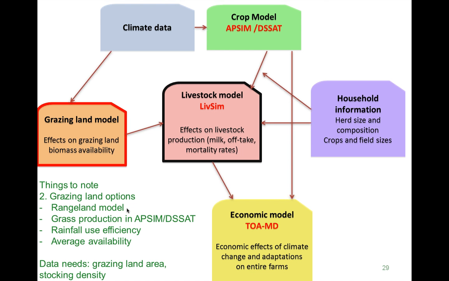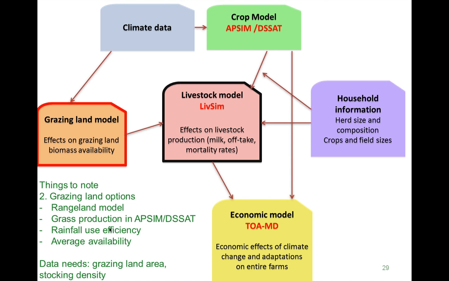One option is to really run a process-based rangeland model. We gave an example of such a model 2 weeks ago, the Savannah model. Another option is to simulate grass production in a crop model, whether it's AbSim or DSSAT. So that's another option.